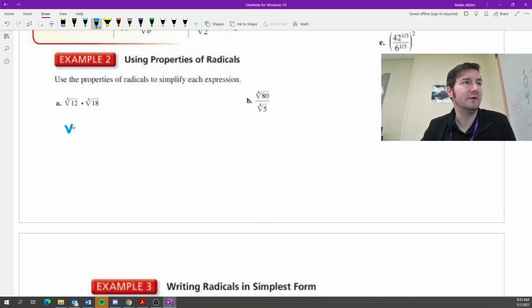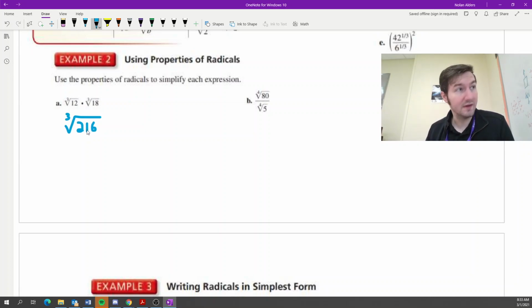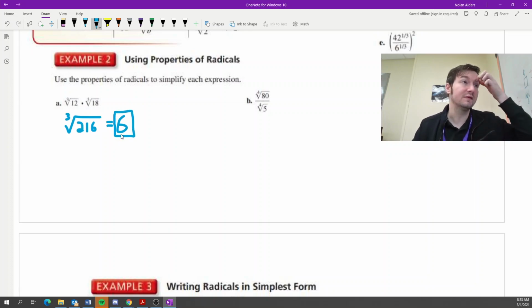So we can rewrite this as the cube root of 216. And I have a theory about this one as well. Yeah, the cube root of 216 comes out real nicely as just 6. 6 times 6 times 6 is 216.